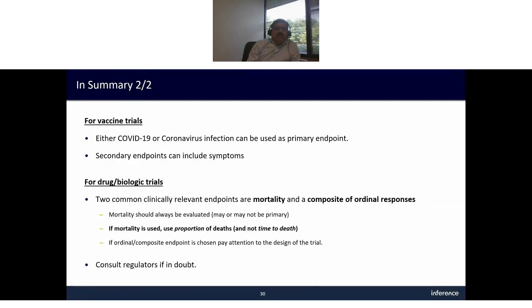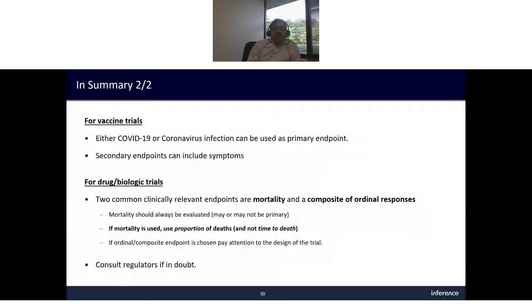One of the things that I highlighted here is if you use mortality, the COVID trials are so short, people are doing trials that go only a few months. Then I think it would be a mistake to put time to death as an endpoint. If you choose mortality, I would recommend that you look at proportion of deaths within that time frame. There are two reasons.